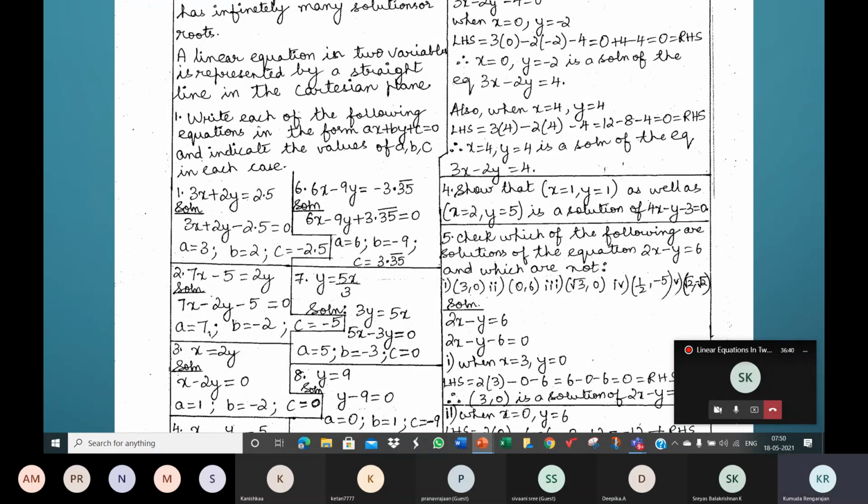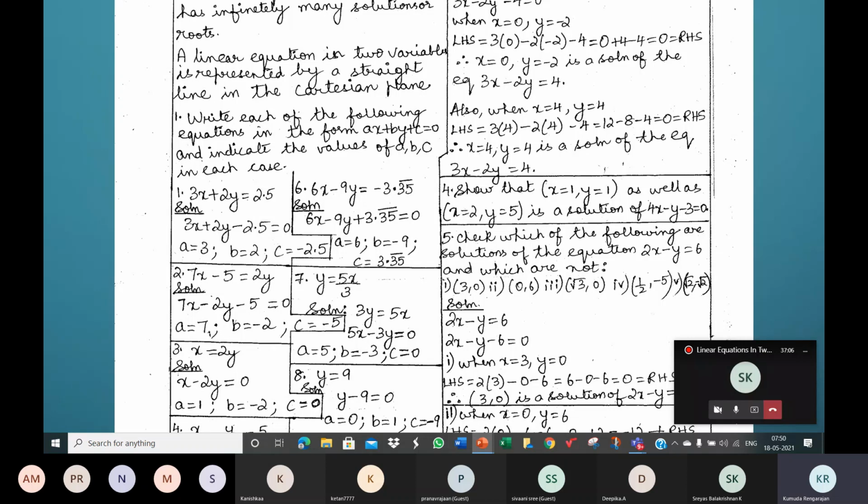Okay, supposing the coefficient of y is 0. If the coefficient of y is 0, the coefficient of x should not be 0. Only then x is present there, which makes it a linear equation. There should be a variable with power 1. So if it is 0x, then there is no x term.